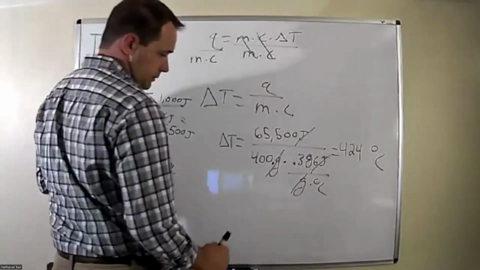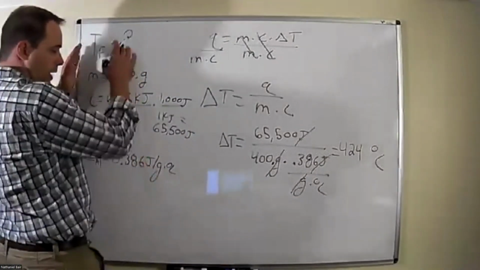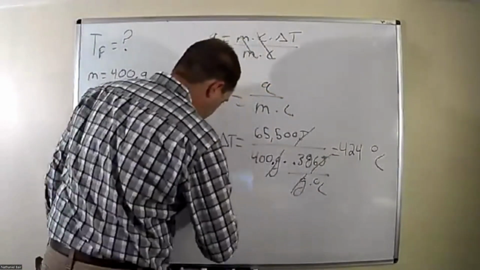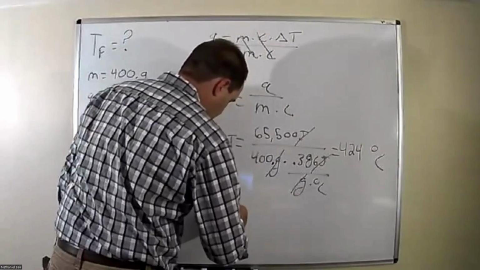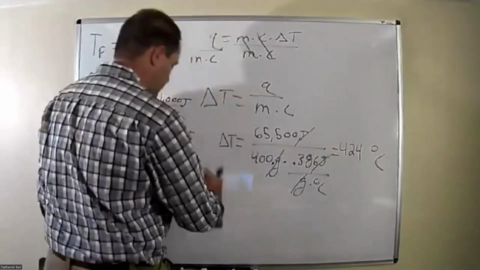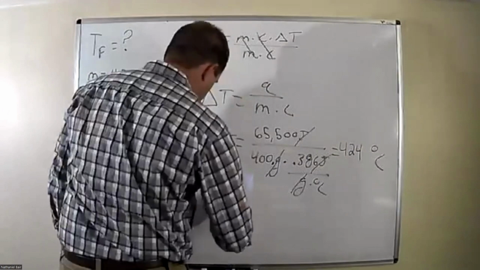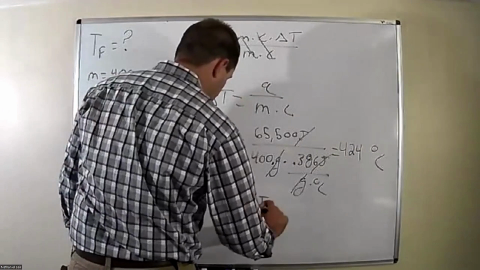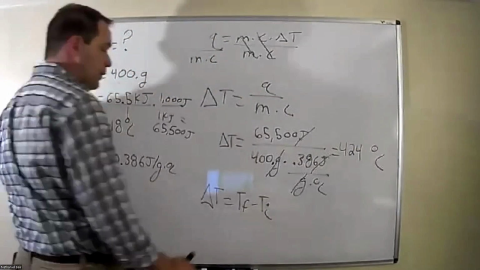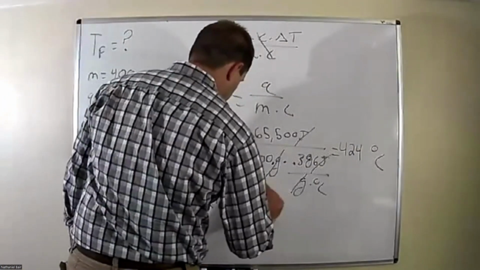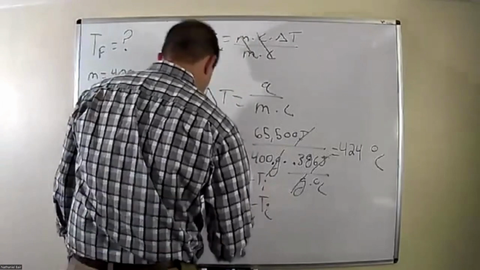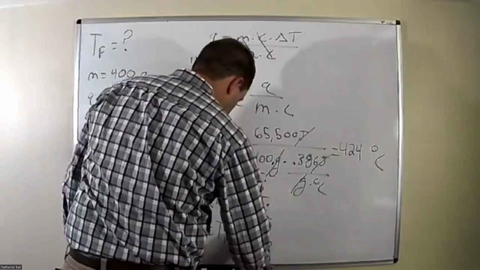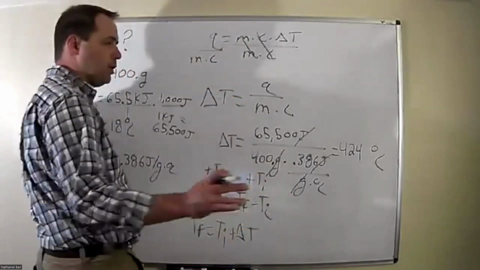Here's the thing, okay? We want the final temp, and we just got the change in temp. Let's derive it. The change in temp is going to be equal to T final minus T initial. So if we add the initial temp to both sides, the final temperature is going to be equal to the initial temperature plus the change in temperature. Think about it, folks.